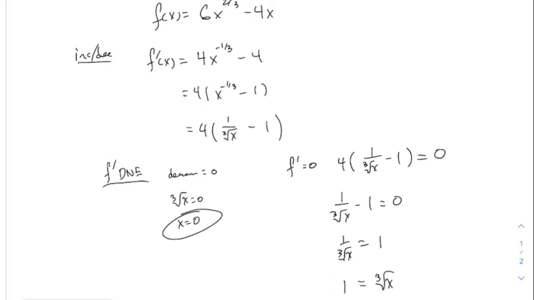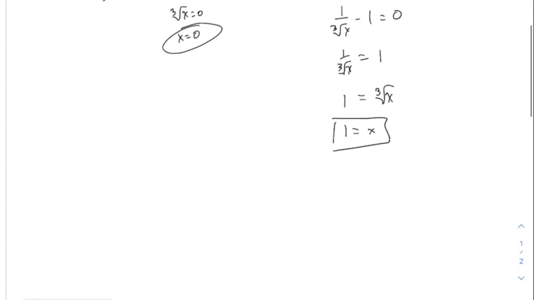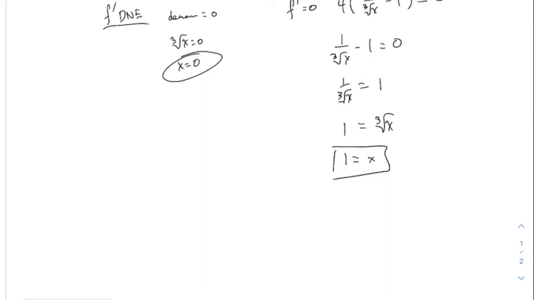And then I guess I could cube both sides. That gives me 1 equals x. So this is my other critical number. We have two critical numbers. I circled one and put a box around the other. That means nothing. I should have been more consistent with my circling and boxing.